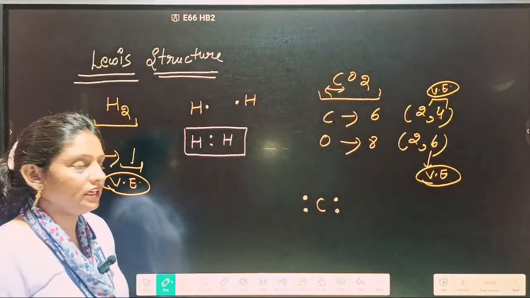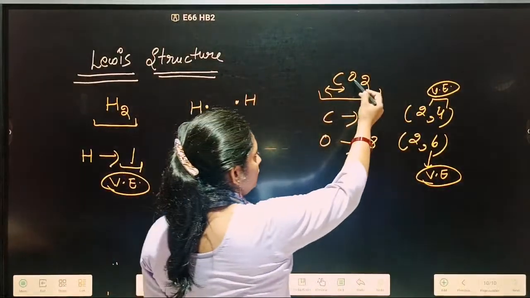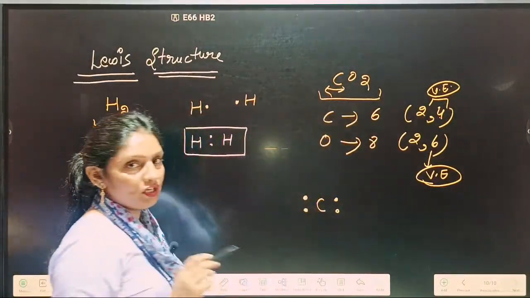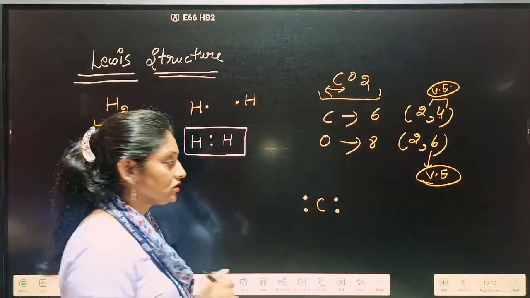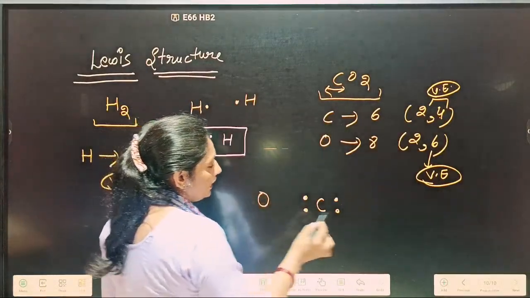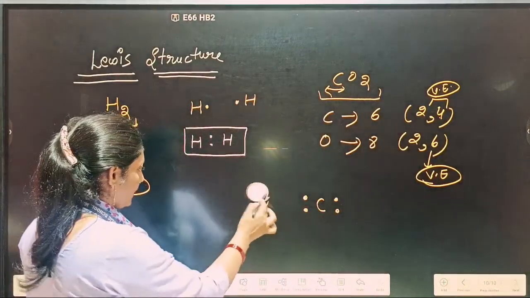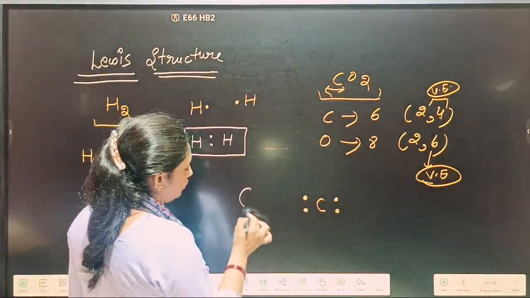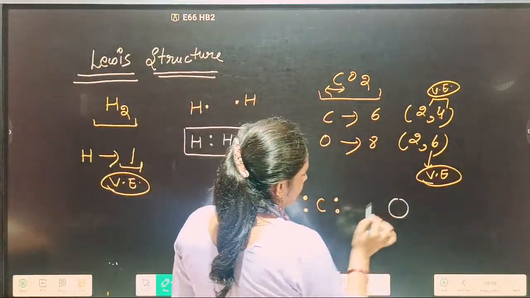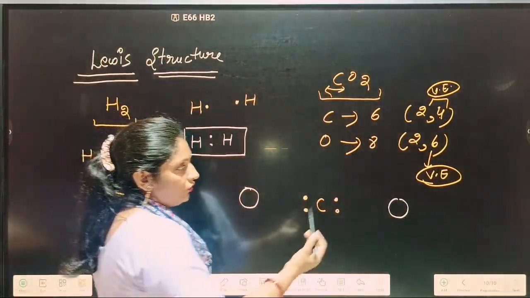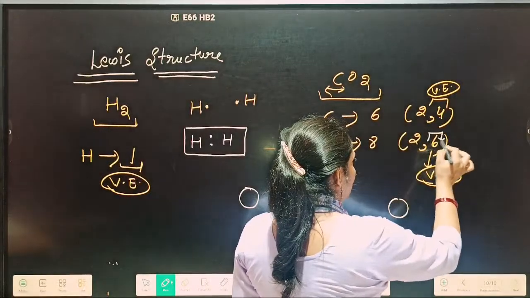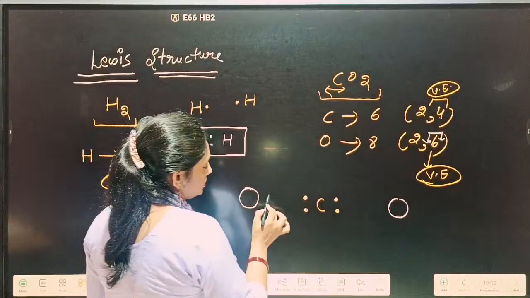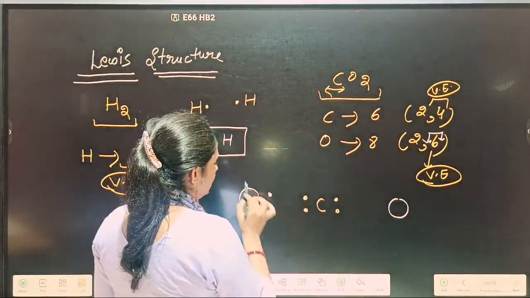Then you will write the surrounding elements. Here the surrounding elements are oxygen. How many oxygens are here? 2 oxygens. Then you will write all the valence electrons. Here one oxygen has 6 valence electrons.